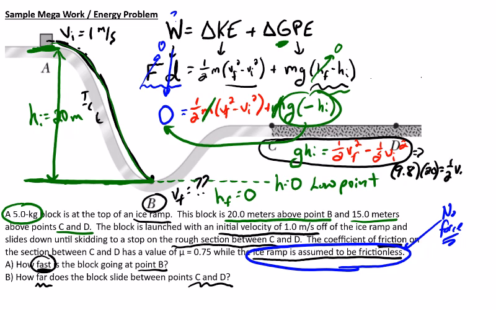I'm trying to solve for the final velocity, so there's going to be my Vf minus my initial velocity, which was 1, and that quantity is squared, though 1 squared doesn't really change anything. 9.8 times 20 is going to give me 1,960, because I'm going to move it 2 places over. Well, 2 times 9.8 is 19.6, and then I move it over 1.